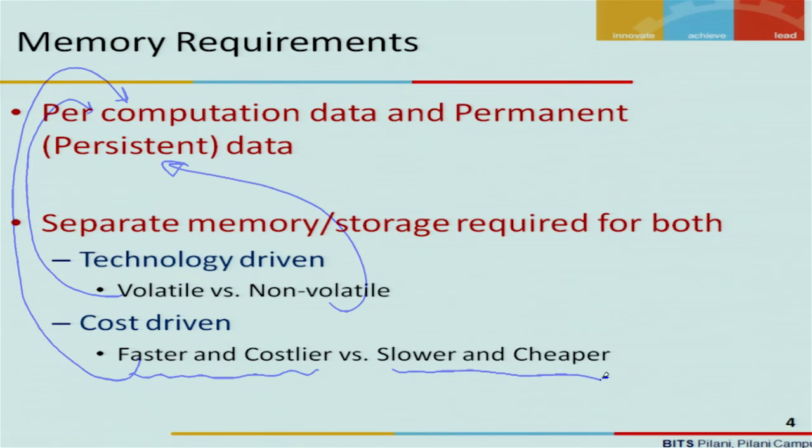The persistent data, which we typically call storage, is slower and cheaper compared to the non-persistent data. This is how the processor requirement works: for computation, we essentially require both kinds of data.